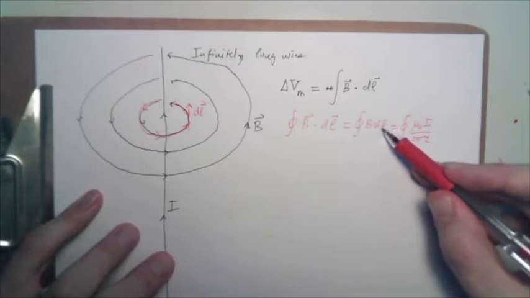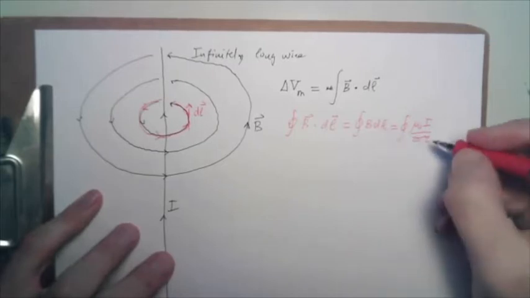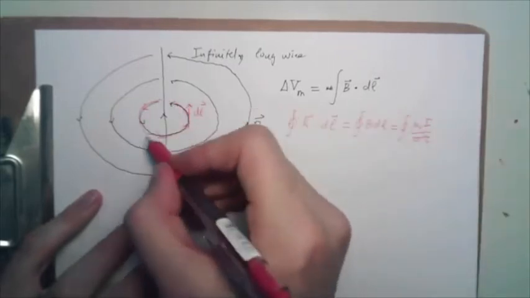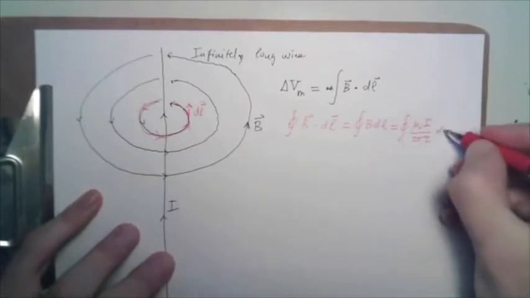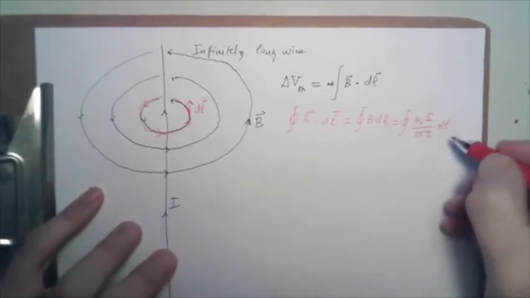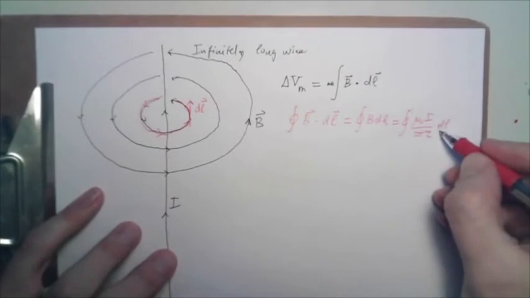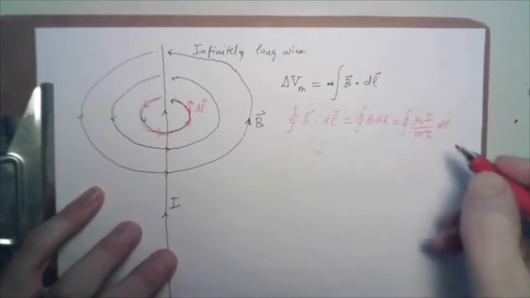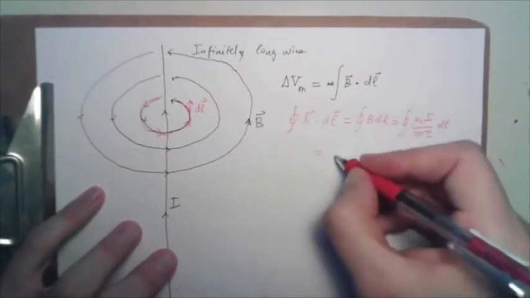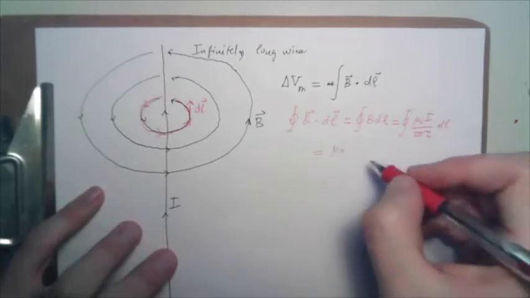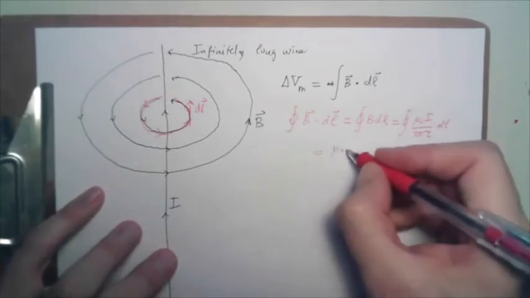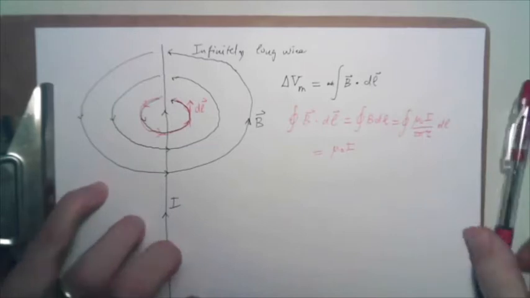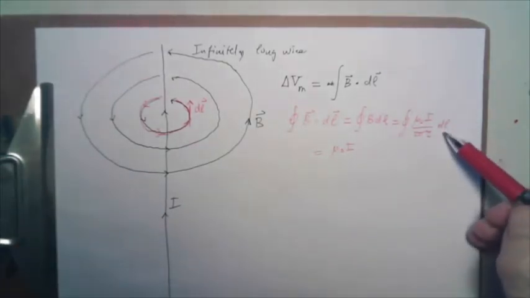So when we integrate that over the length of this circle, that's the world's most simple integral because none of it depends on r. So we get mu naught I, right? Because the dl, when you integrate it, gives you 2 pi r.